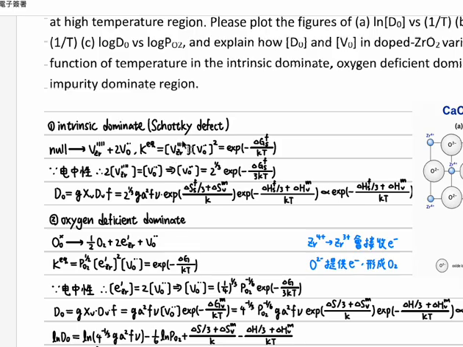So I substitute VZr as 1 divided by 2 VO, right? So I can get this result. VO appears here, so substitute this VO and times the migration term, giving this DO, the diffusivity of oxygen.